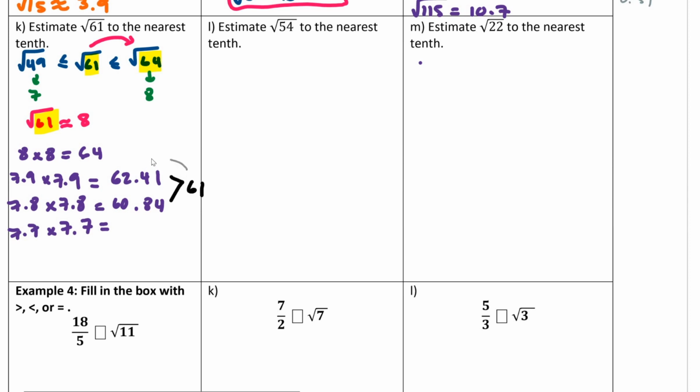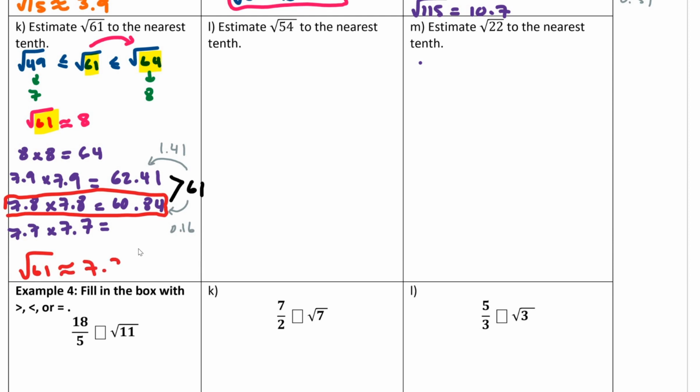Now we're going to do the subtraction to see which is closer to 61. 62.41 minus 61 is 1.41. 61 minus 60.84 is 0.16. So the closer one is 7.8. The square root of 61 is approximately 7.8.